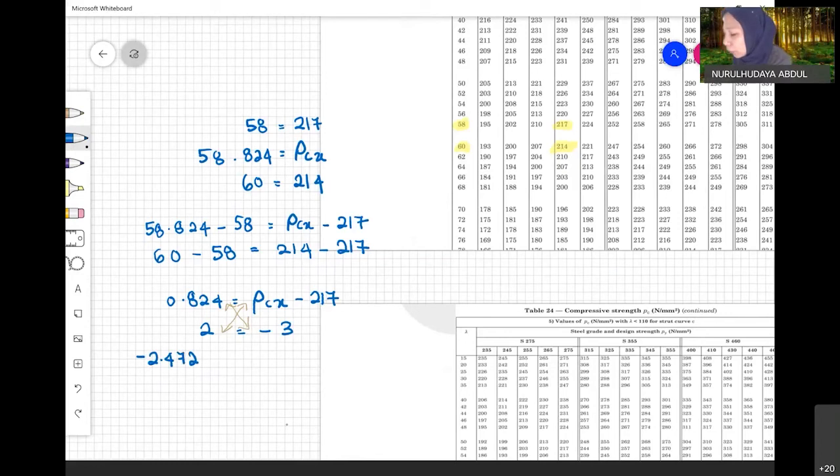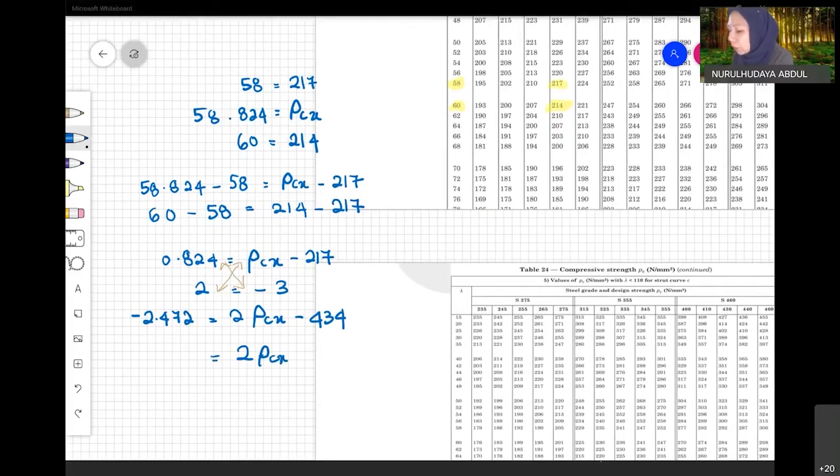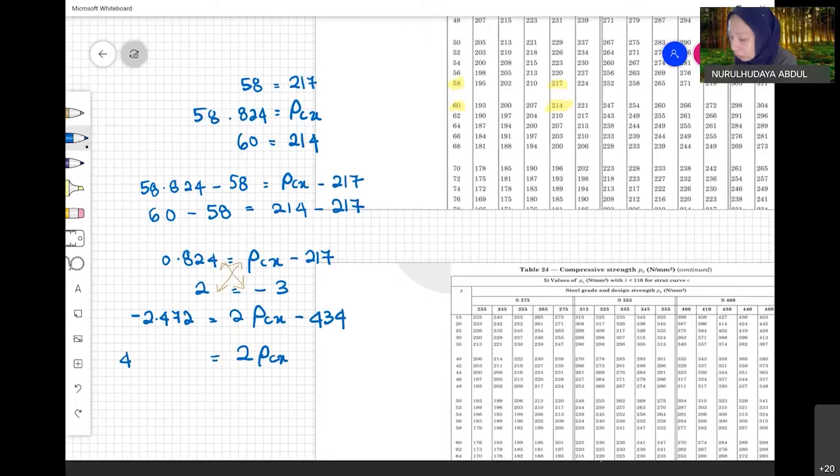Equal to, so 2 times PCX, so become 2 PCX. 2 ni juga kena darab dengan negatif 217. So when we simplify, so 2 PCX dekat sini. And then negative 434, you have to move to the left, so it become plus. Okay, so negative 2.472 plus 434, it become 431.528.